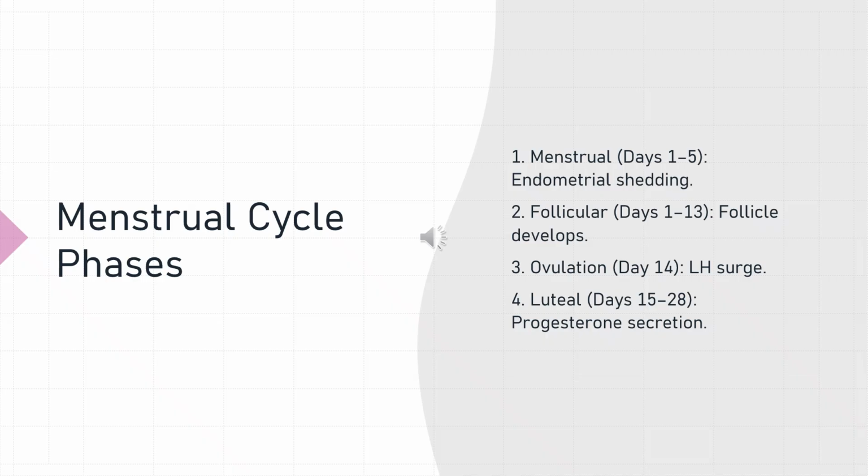If pregnancy occurs, that embryo will start to produce HCG, which helps keep the corpus luteum alive and helps to maintain that progesterone until the placenta starts to form and take over. If pregnancy does not occur during the luteal phase, the corpus luteum degenerates, the progesterone and estrogen drop, and that endometrial lining breaks down, which leads back to menstruation starting again.